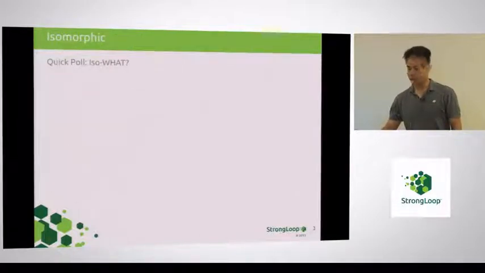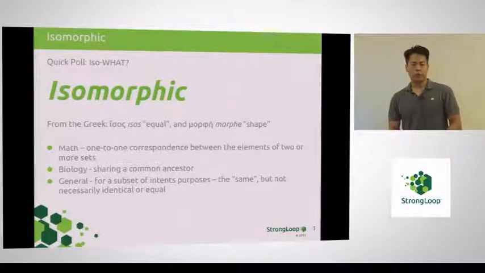So let's define what we're going to talk about today. This word isomorphic. Iso what? It comes from the Greek words isos and morphe, equal in shape or form. In math, you're talking about a one-to-one correspondence between two sets to establish the equality. And in biology, you can think of it as coming from a common ancestor.